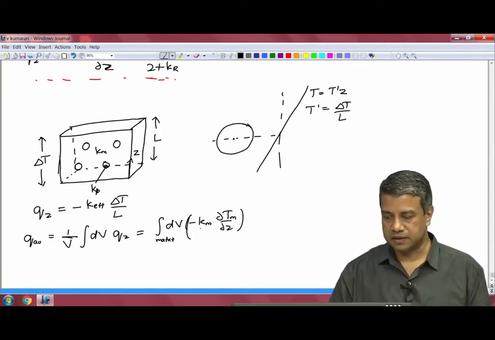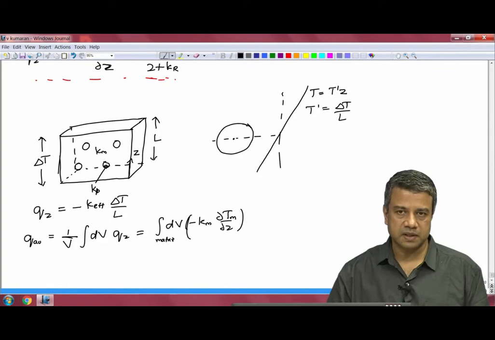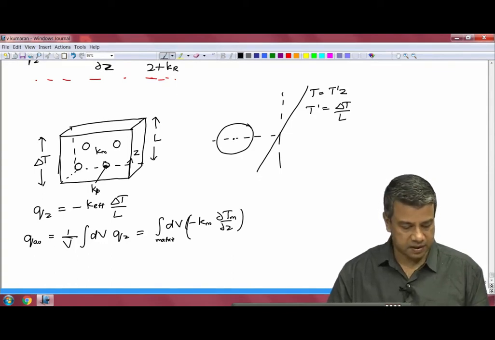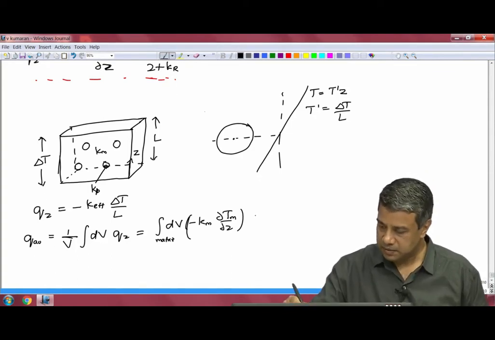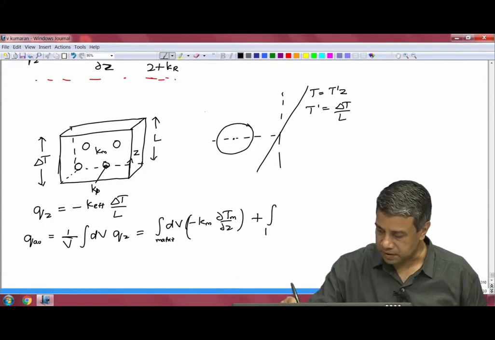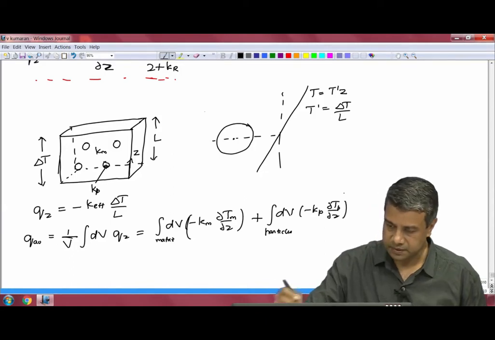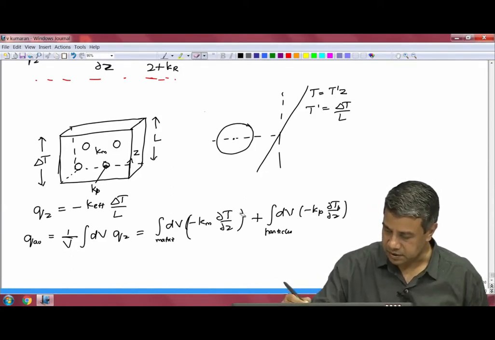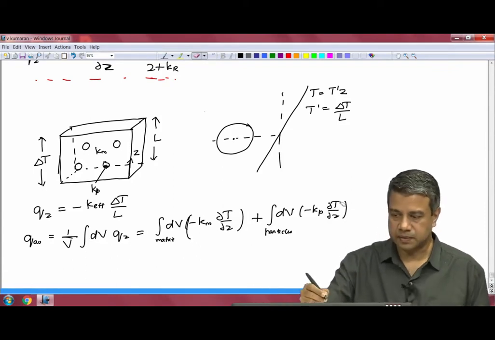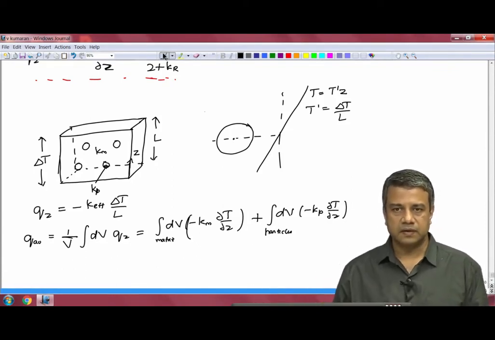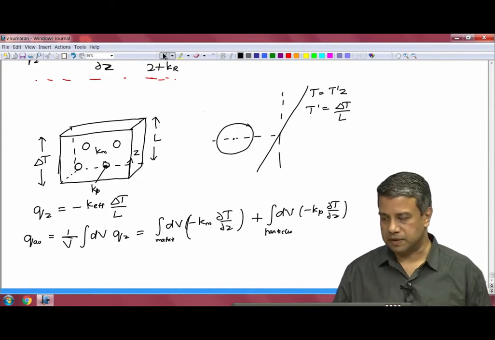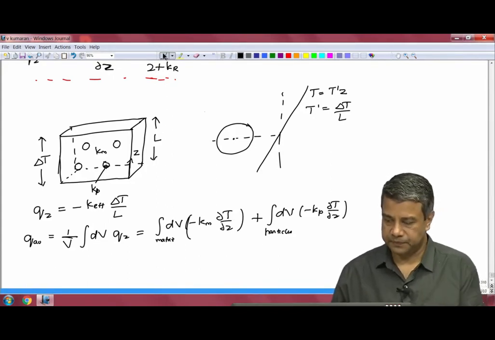So the heat flux is equal to minus K matrix times the partial derivative of the matrix temperature with respect to z, plus the integral over the particles of dV of minus K particles times partial T of particles by partial z. I will just use the temperature field as T here, whether it is in the particles or the matrix. So over the particles it is the particle temperature, over the matrix it is the matrix temperature.